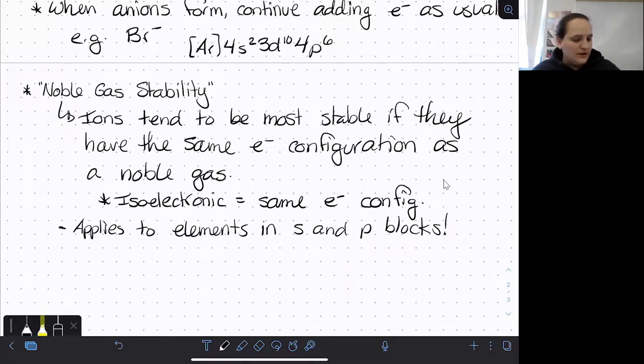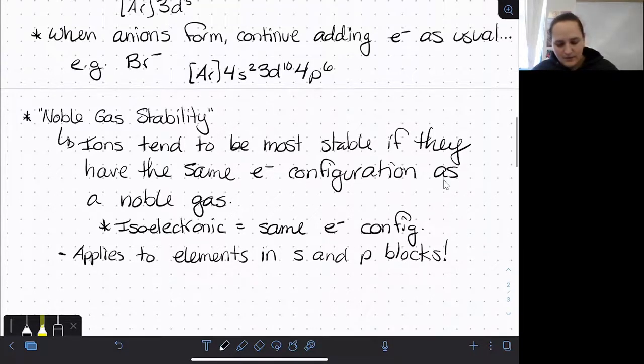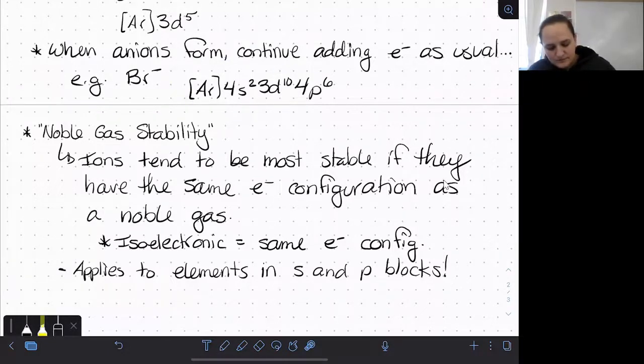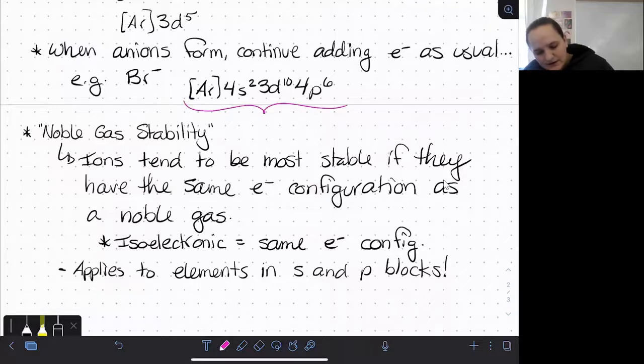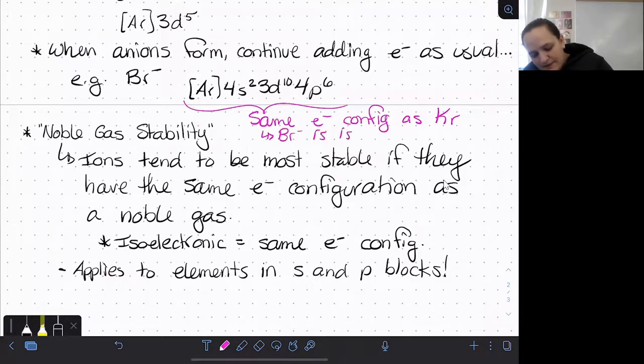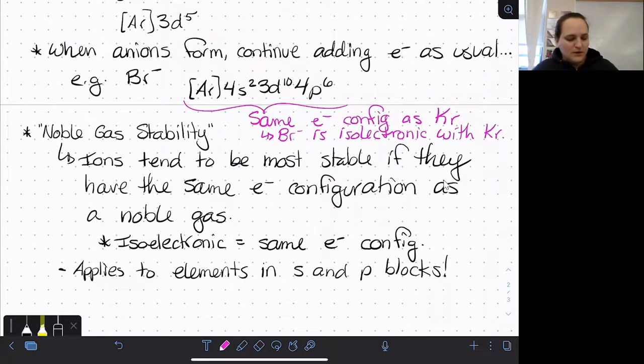So looking at the example that we did up here, this is actually the same electron configuration as krypton. So we would say that Br minus is isoelectronic with krypton. Those two things have the same electron configuration.